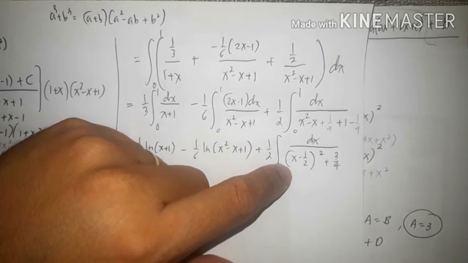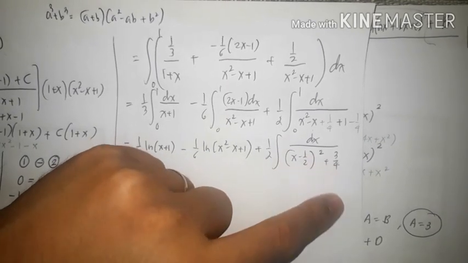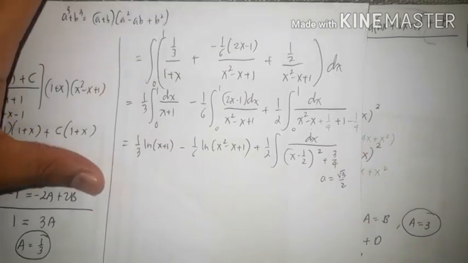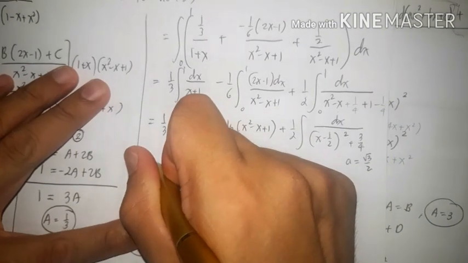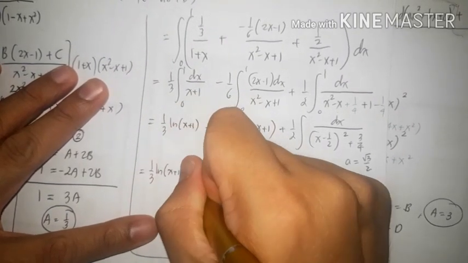So that's inverse trigo, that's arctangent, that's u squared plus a squared, where a is square root of 3 over 2. So simplifying, you have 1/3 ln of x plus 1 from 0 to 1.